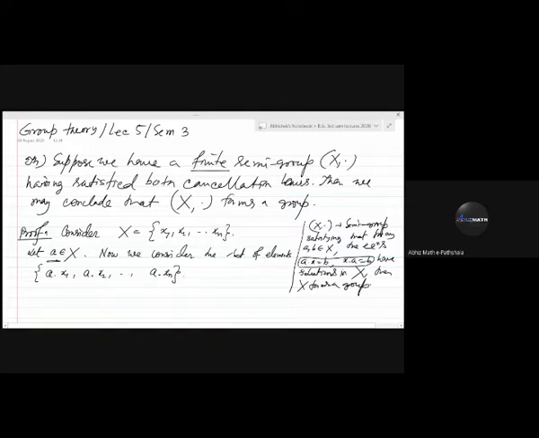Firstly, we consider the left side composition, that is we compose a from the left, and then we compose the elements of X with a from the right.